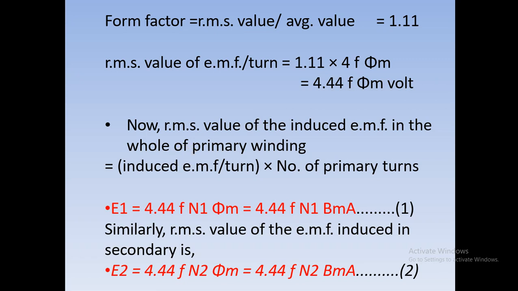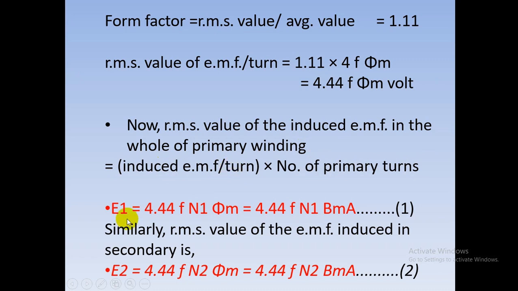There are two windings in the transformer, and we can calculate these values for both individually. The induced EMF per turn is multiplied by the number of turns, that is, the primary turns. When we use the equation like this, the number of turns cancels, thereby giving the induced EMF.